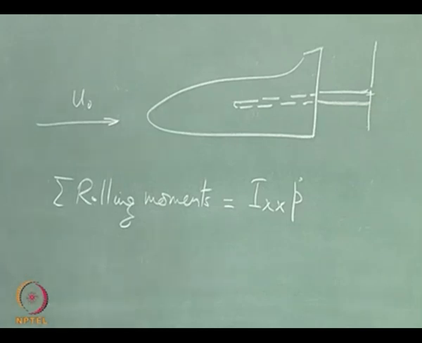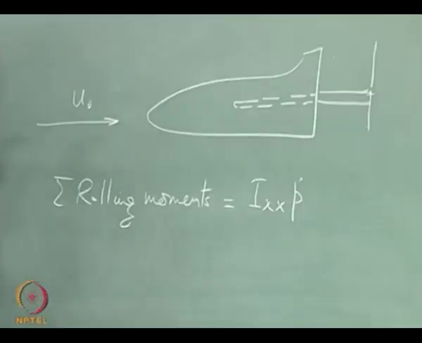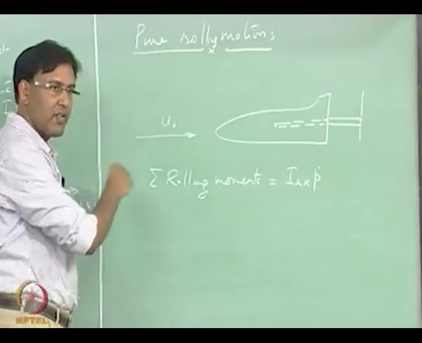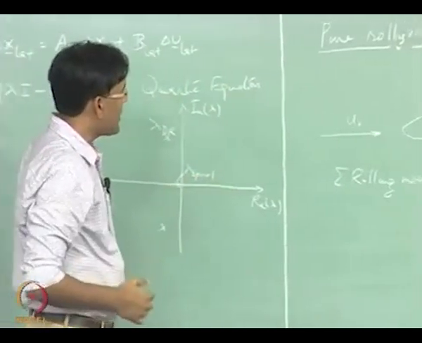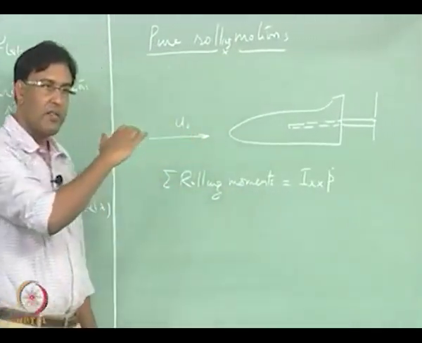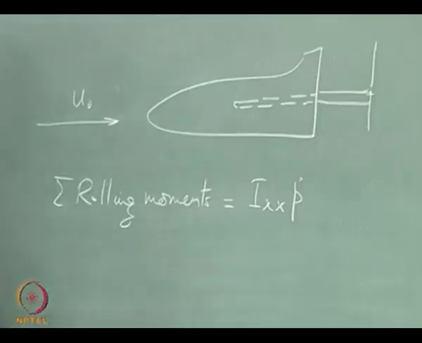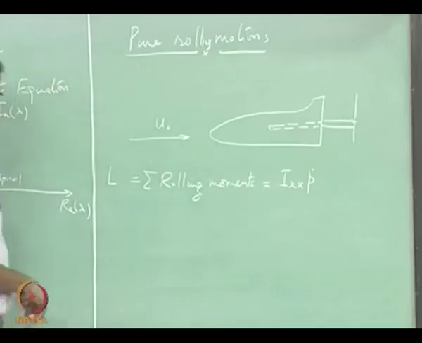We want to linearize this equation and we want to study the linear or the perturbed motion about an equilibrium state, which is this. There is only u naught along the x axis of the aircraft in the wind tunnel, and this aircraft is perfectly aligned with the fixed frame of reference to start with. That is the assumption that we are going to make. This is nothing but the rolling moment L.